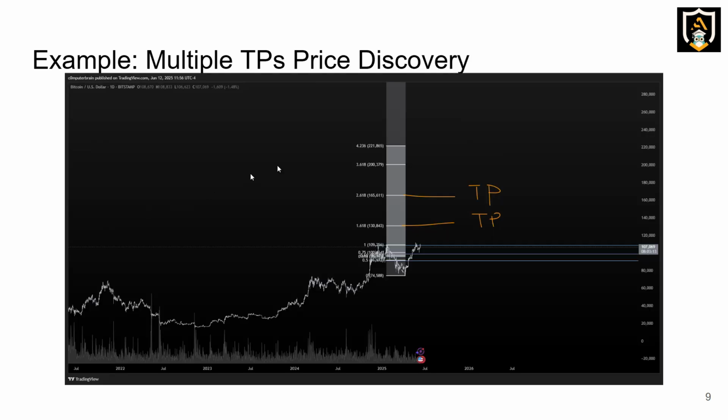Next one I'll talk about is multiple take profits in price discovery. This is a great way to use multiple take profits. If you're in price discovery, meaning when the asset's at all-time highs, you can use a Fibonacci retracement, which is a simple tool in TradingView, and you pick a local high and a local low.